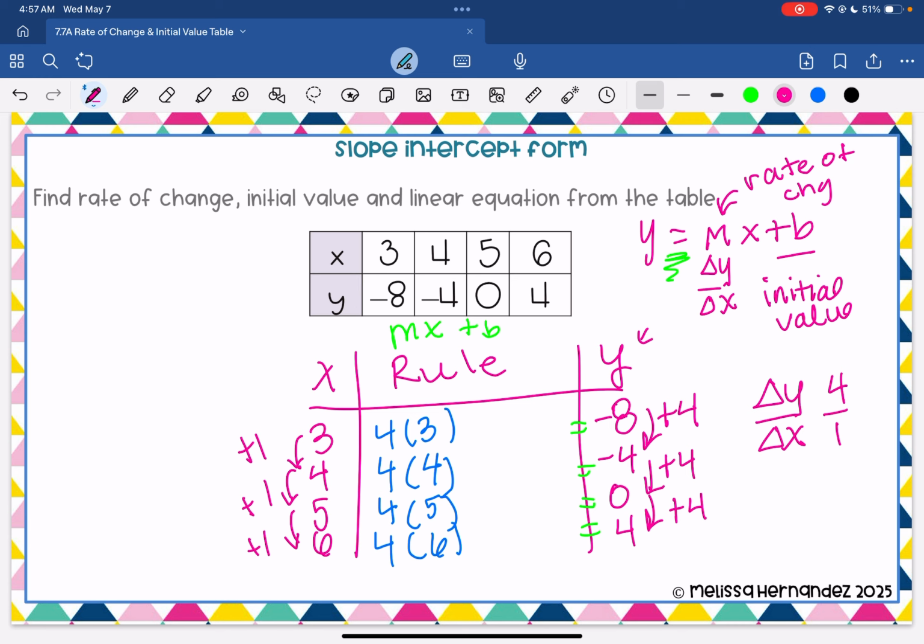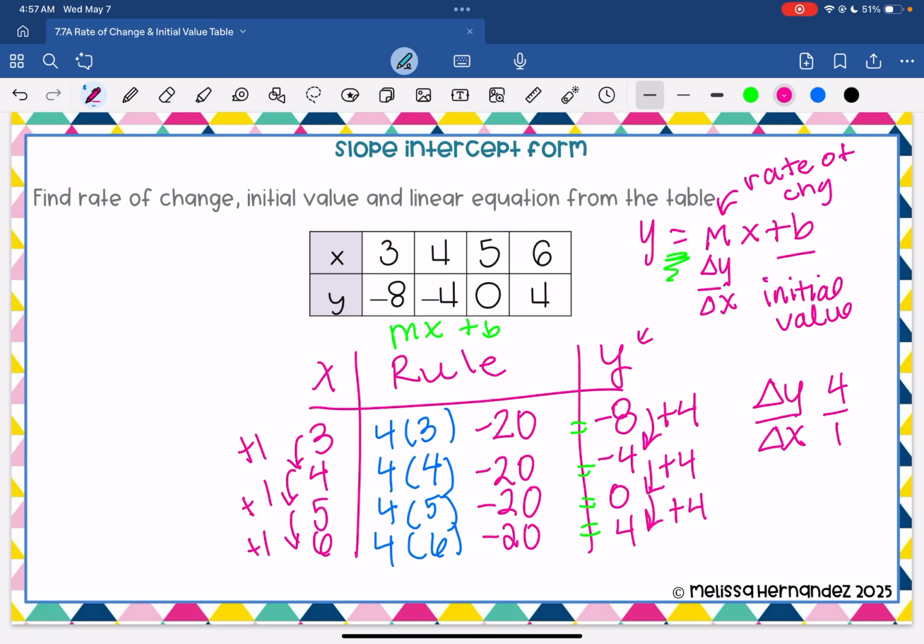Well, you take away 20. 4 times 4 is 16. 16 doesn't equal -4, but if I take away 20, I end up at -4. 4 times 5 is 20, doesn't equal 0, so I minus 20. 4 times 6 is 24, minus 20 equals 4.